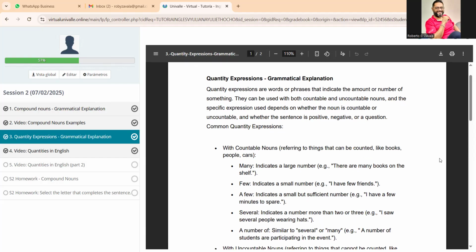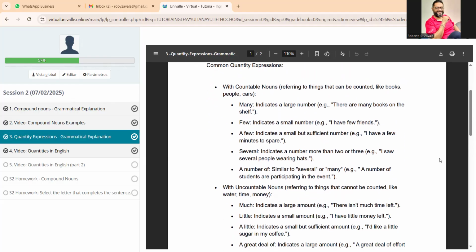They can be used with both countable and uncountable nouns. The specific expression used depends on whether the noun is countable or uncountable, and whether the sentence is positive, negative, or a question.